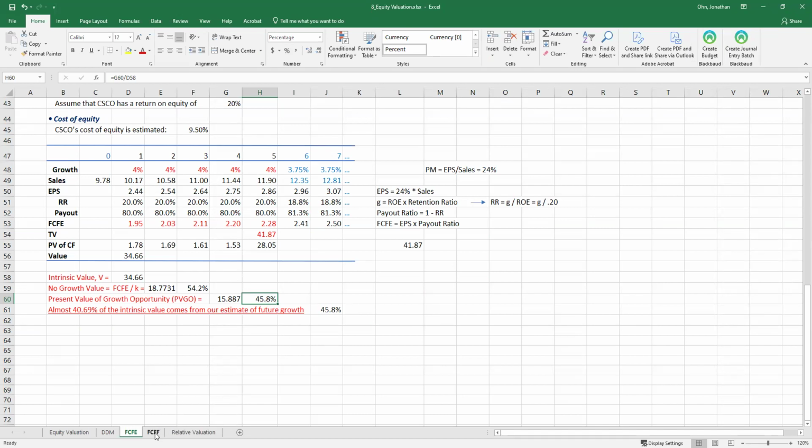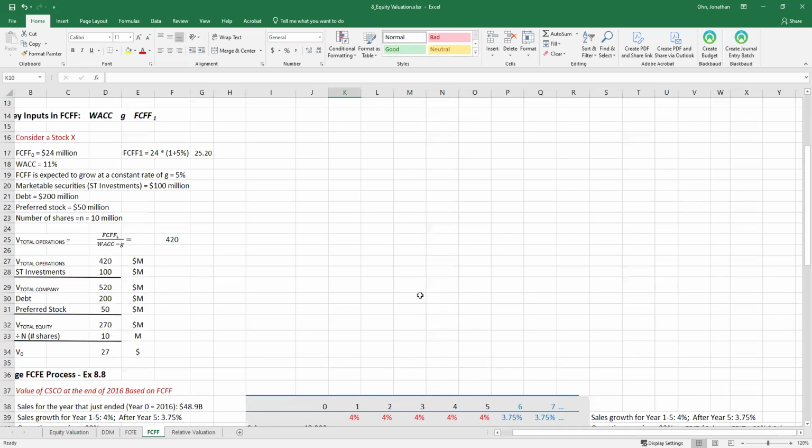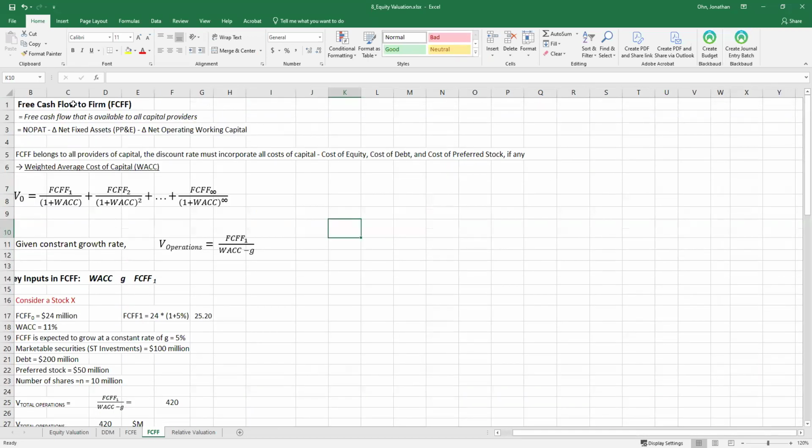All right. Next one is called free cash flow to firm. This is free cash flow that is available to all capital providers. You calculate this as NOPAT minus net investment in net fixed assets minus the investment in operating working capital.